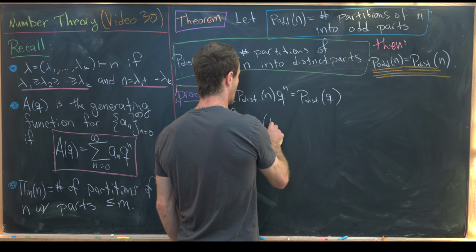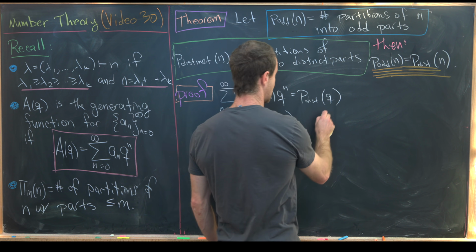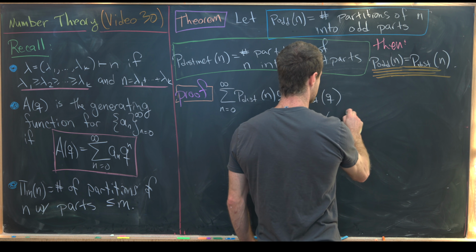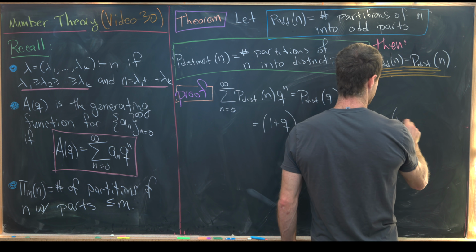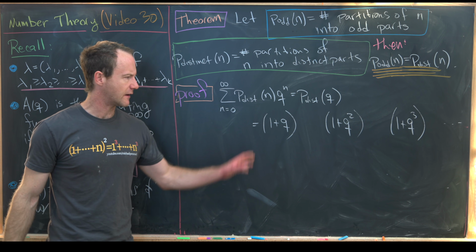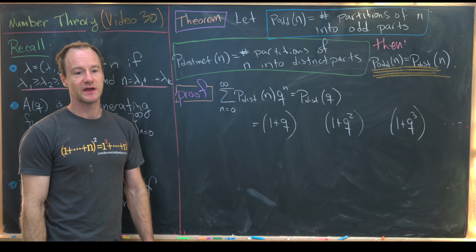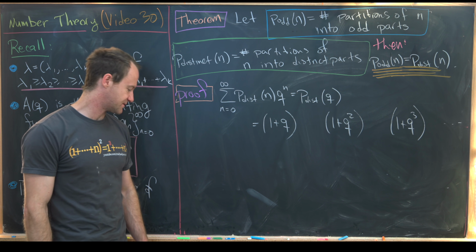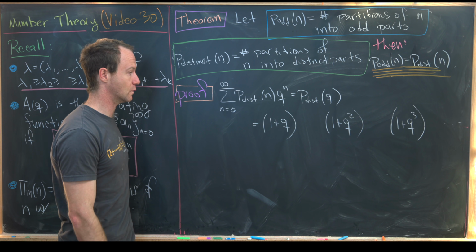It's equal to (1 plus q) times (1 plus q squared) times (1 plus q cubed), and so on and so forth. I've left a little gap in there because I'm going to multiply each of these by a special version of the number 1.